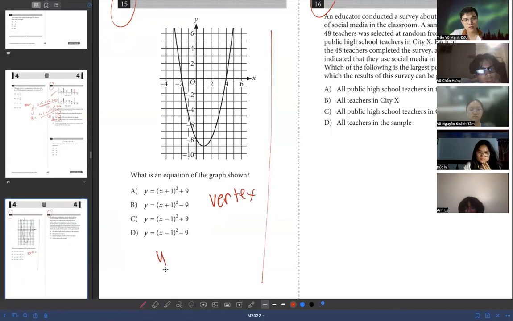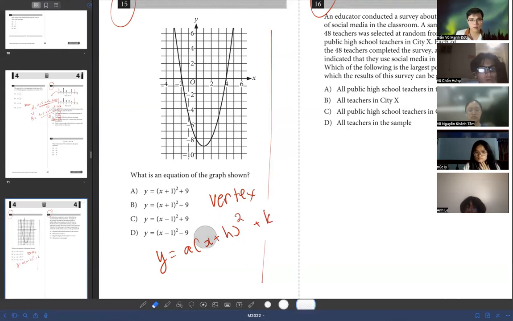And let me remind you, this is the vertex form: y equals x minus h squared plus k. Oops, this is minus, not plus. Next up, you have h and k.